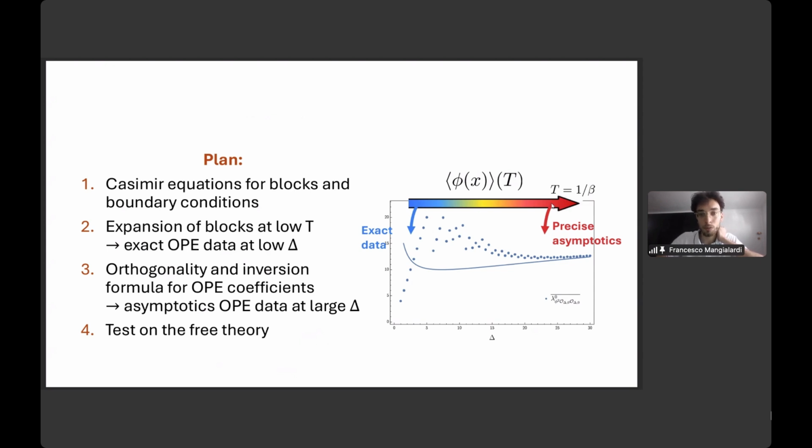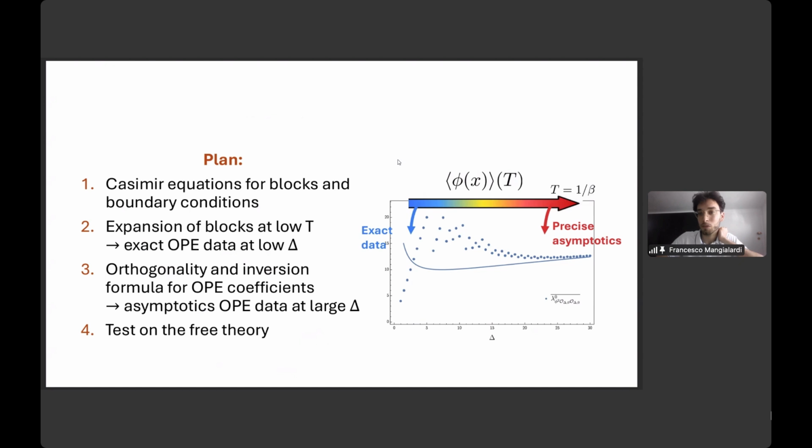We will then move to the opposite regime in some sense and see how to derive inversion formulas for OPE coefficients thanks to orthogonality of blocks, and see how we can use these inversion formulas to find asymptotics for OPE data. In the end, I will conclude by, in some sense, testing all these analytical results in the simplest case that we can imagine, so the free theory.